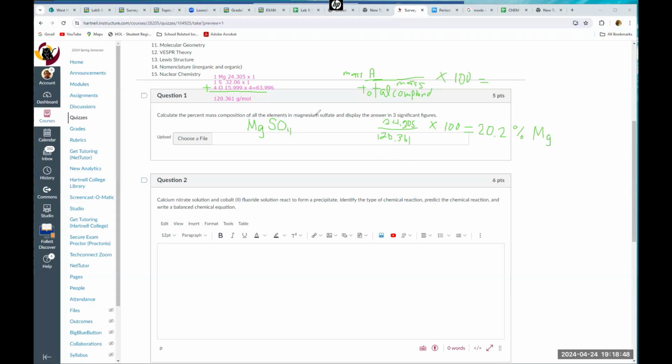Then we need to do the same thing for sulfur. It will be 32.06 times 100 over 120.361.